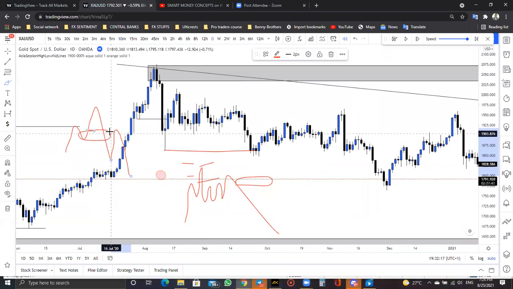For me to take this trade, I know that here is now a liquidity inducement trap. I call it LIT. So my trading plan: liquidity inducement trap, LIT, to induce early sellers.